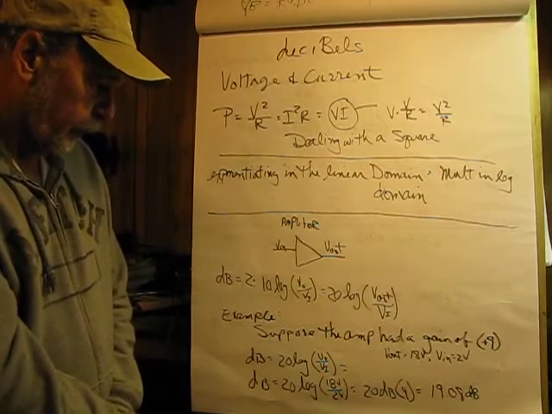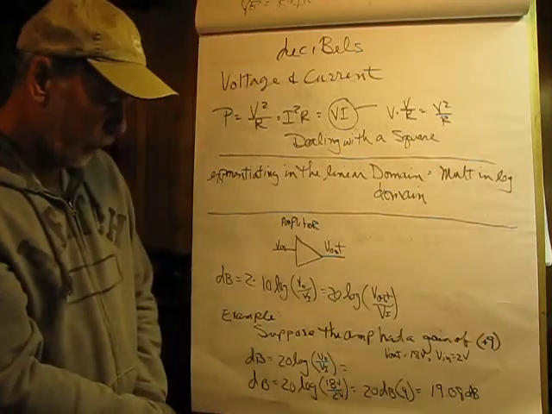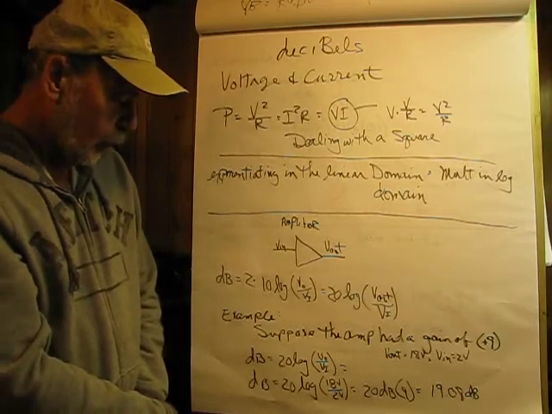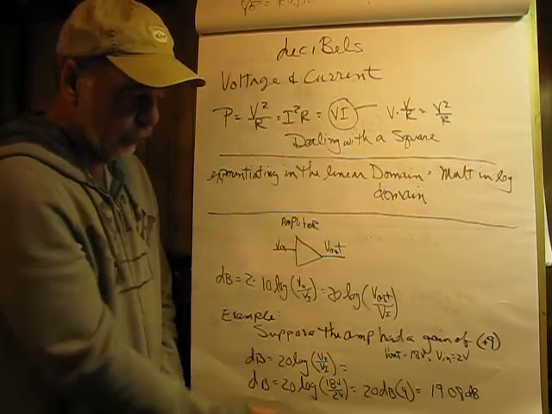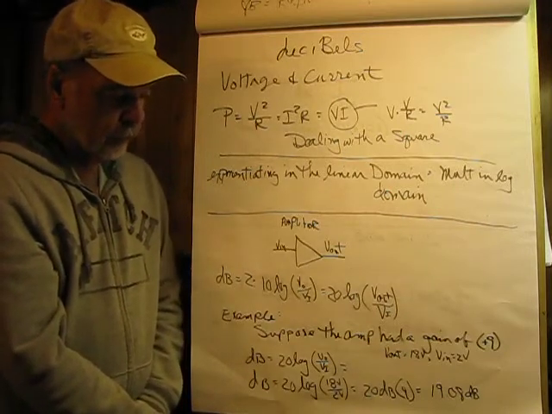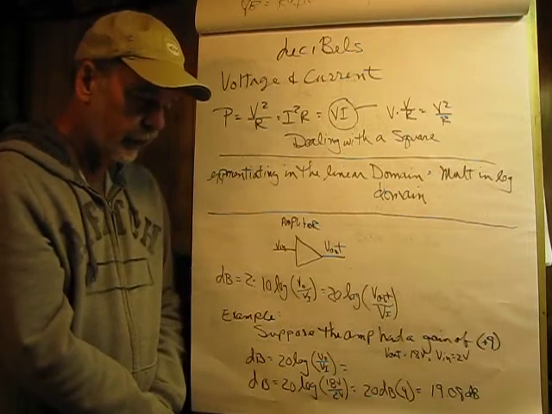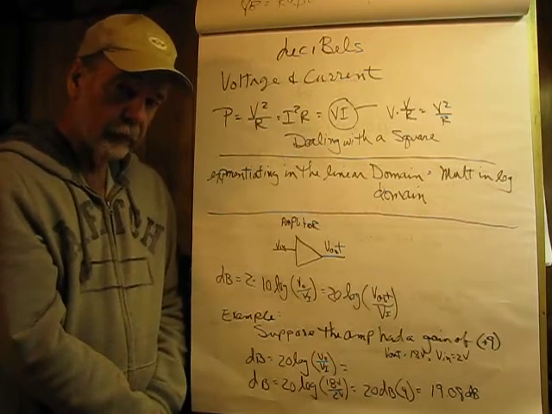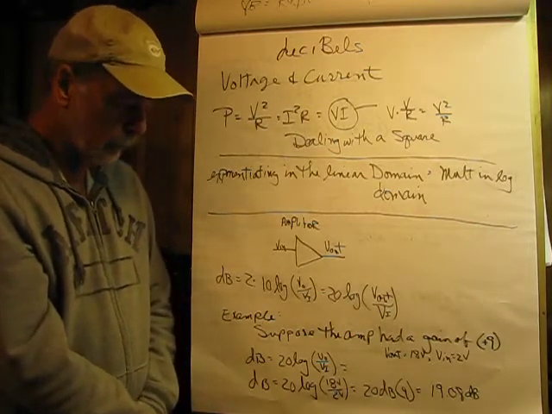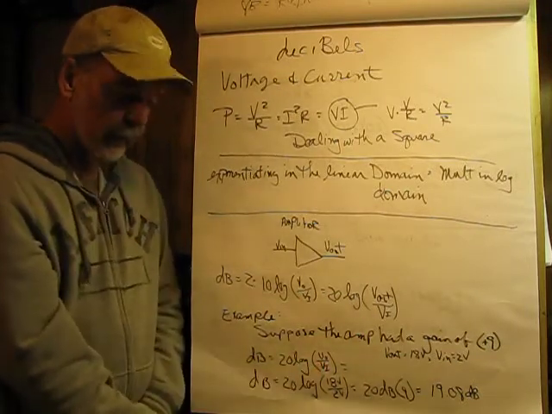For an example, suppose we have an amp with a gain of +9, and we want to find out what the gain would be in decibels, and suppose we measure V out to be 18 volts. As long as the units are the same, peak or RMS, for V out and Vn, we're going to get the same correct answer. Substituting in, I write down the general form like I always do.